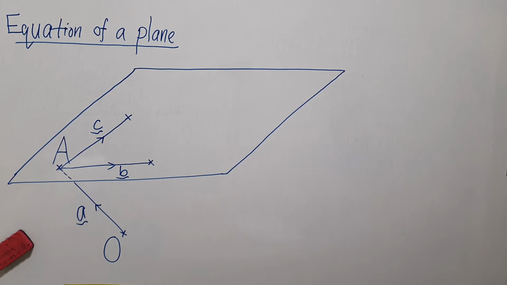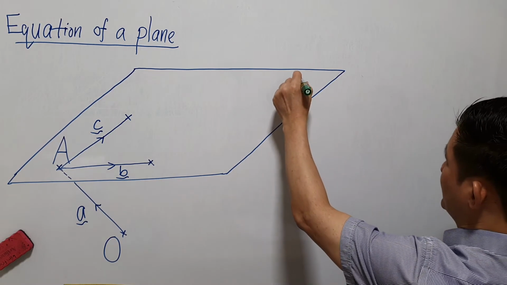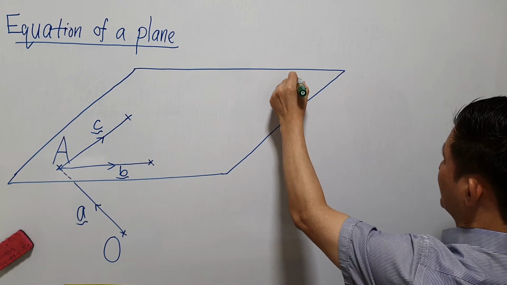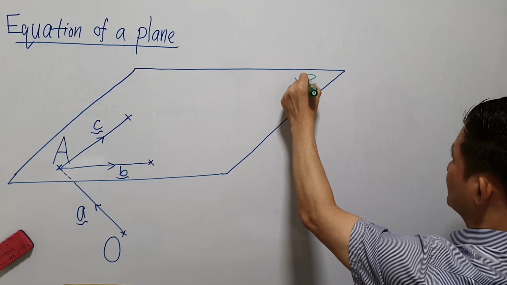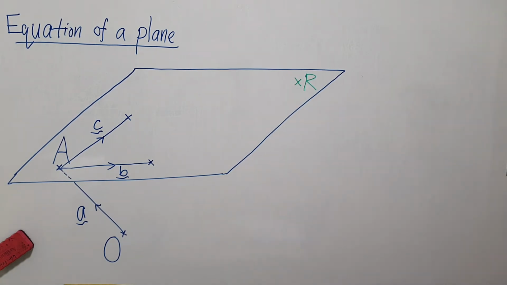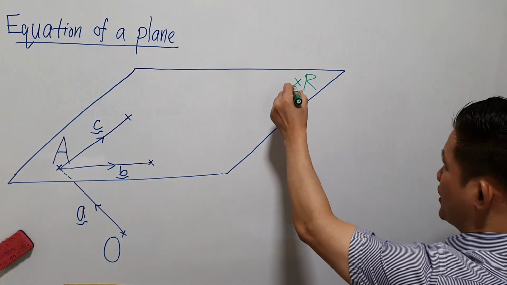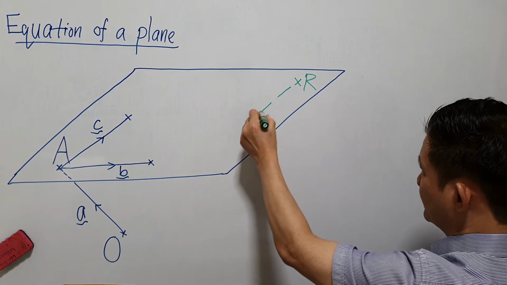An equation of this plane means an equation that says something about the general point on the plane. A general point on the plane means a point that's marked anywhere. Say I mark my general point on the plane as the point here. The point R has a position vector.